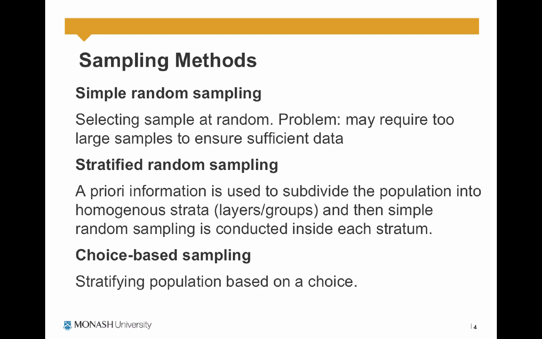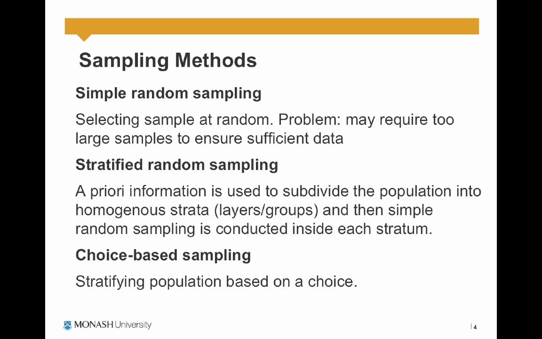The other way of sampling is called choice-based sampling. Instead of stratifying the population based on some demographic or geographic location, in the travel demand modeling context, we group the population based on a choice. For example, in a mode choice analysis, you may subgroup the population into groups associated with their mode choice.